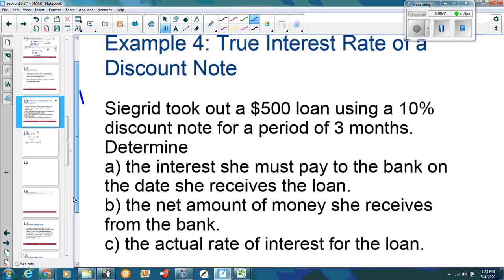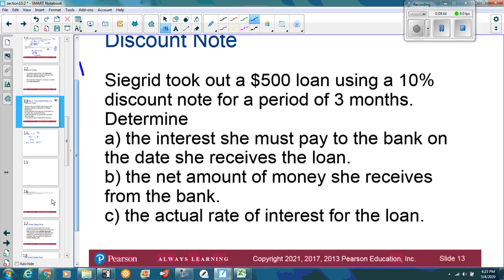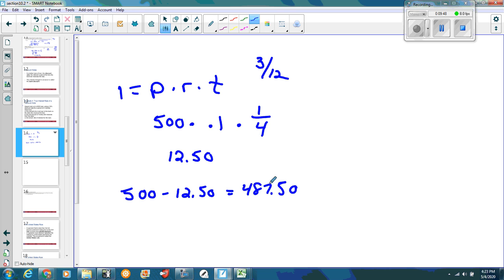So now Part C says, what's the actual interest rate? So in other words, if we work backwards, is what they're saying. They're saying that she paid an interest of $12.50. The principal, because she only got $487.50, what was the R? And then again, this was 1/4.